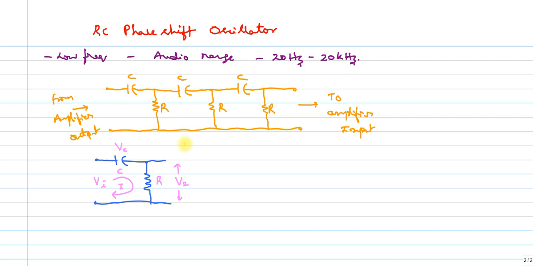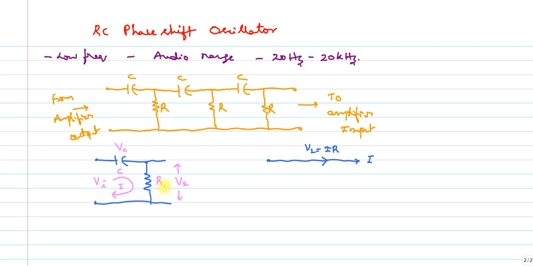Let us see this with the phasor diagram. Let me take the current as my reference. The current through the resistor and the voltage across the resistor are in phase, so this part is I into R, which is equal to V2.